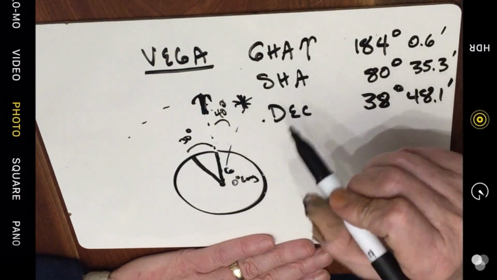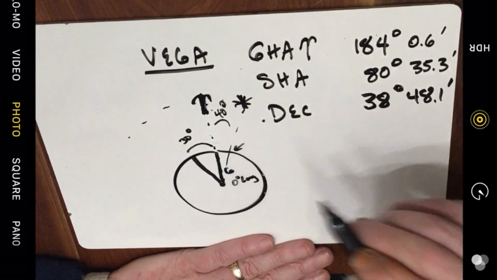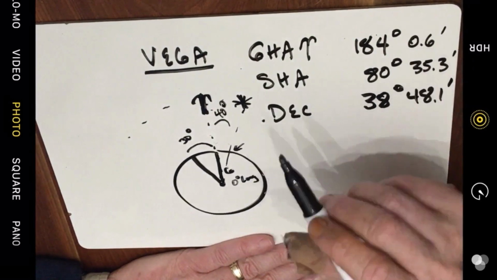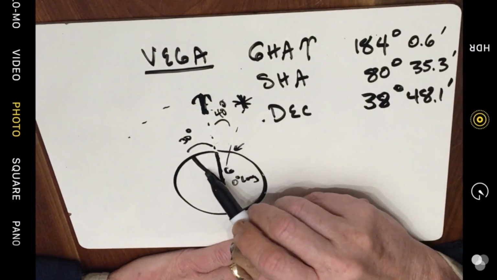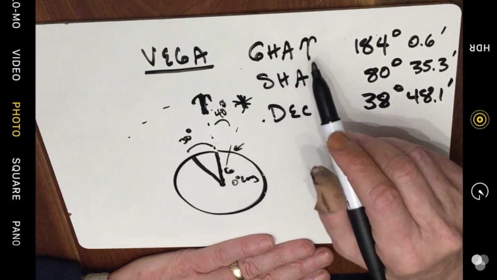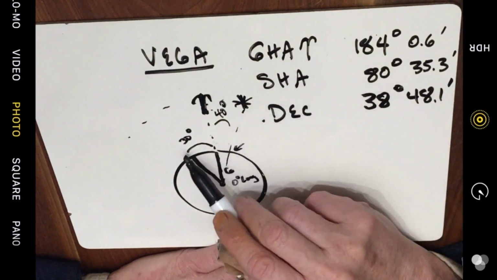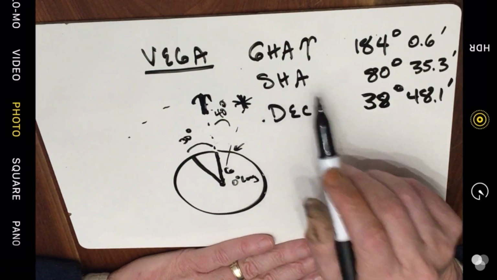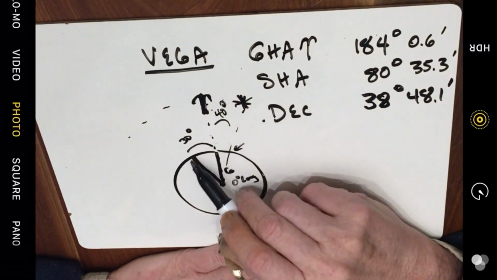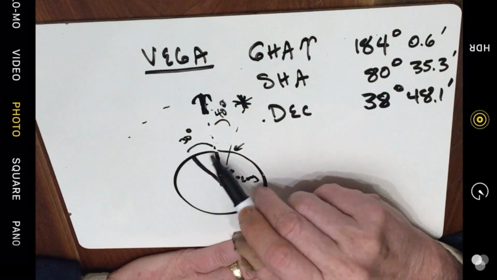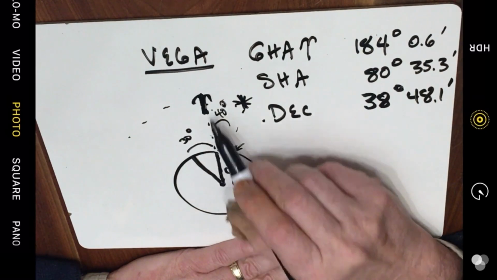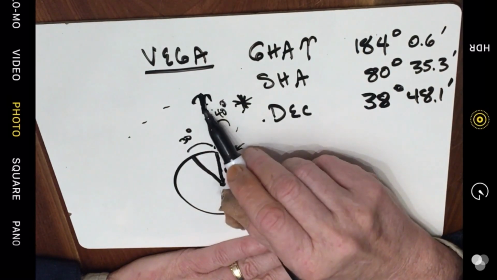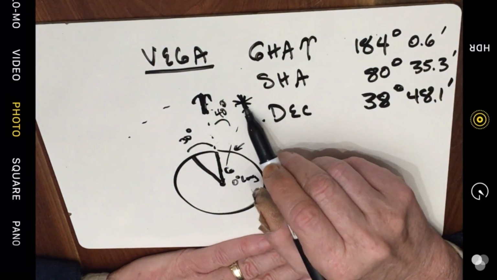Now, in order to find where that is located over the Earth, we need to figure out what the Greenwich hour angle of Aries is, and then we need to add to it the sidereal hour angle of the star. So we have to figure out how far it is from Greenwich to Aries, and then how far it is from Aries out to the star.